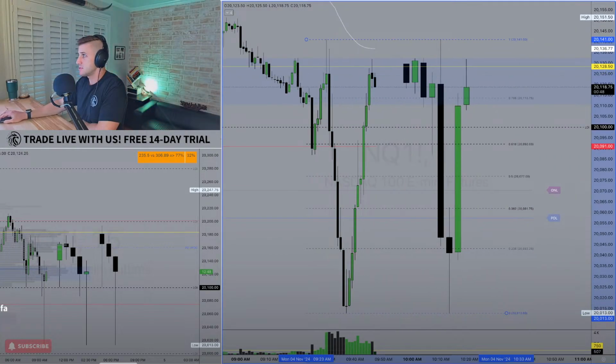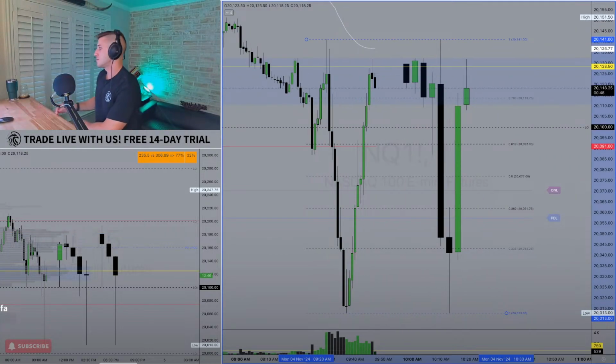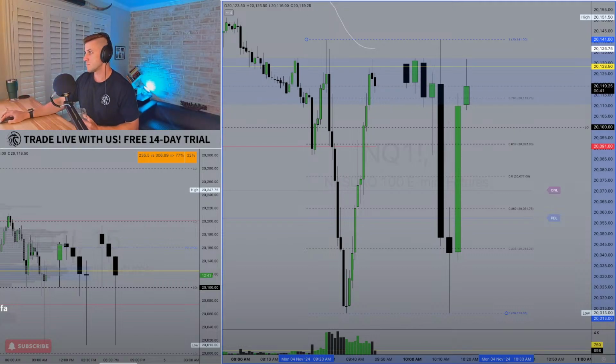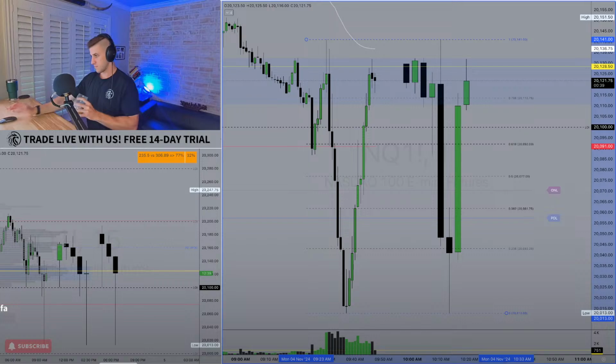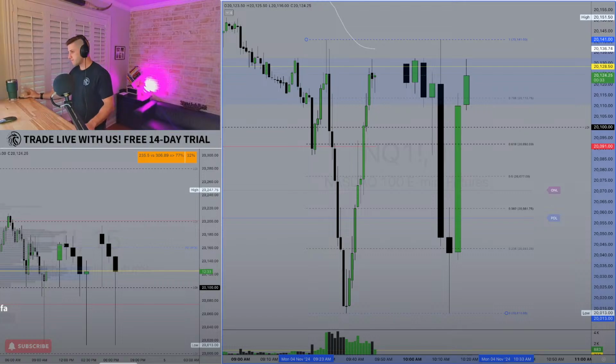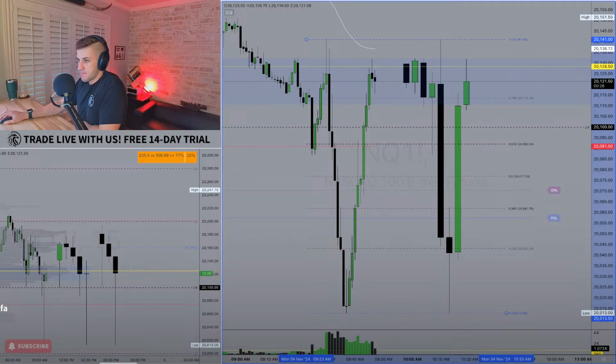Any takers on that long setup? That was the higher low at the overnight low.